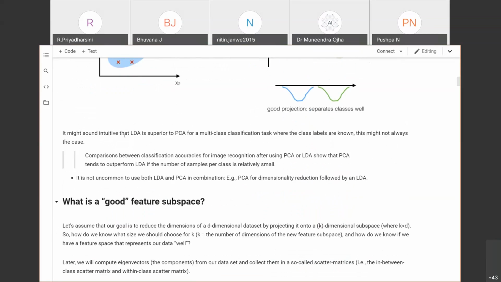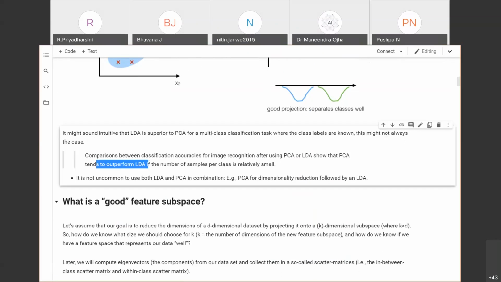It might sound intuitive that LDA is superior to PCA for multi-class classification tasks where the class labels are known, but this is not always the case. Comparisons between classification accuracies for image recognition after using PCA and LDA show that PCA tends to outperform LDA if the number of samples per class is relatively small.